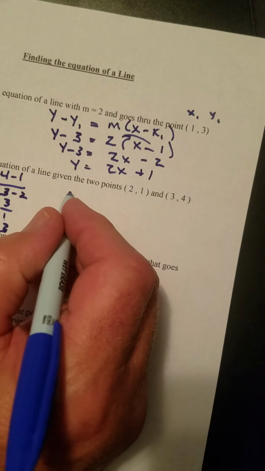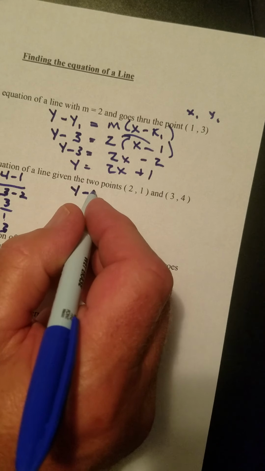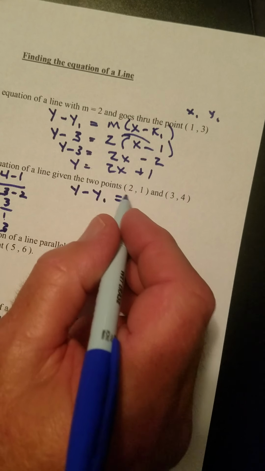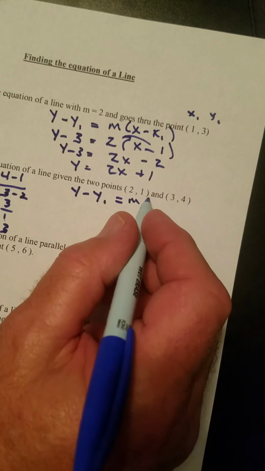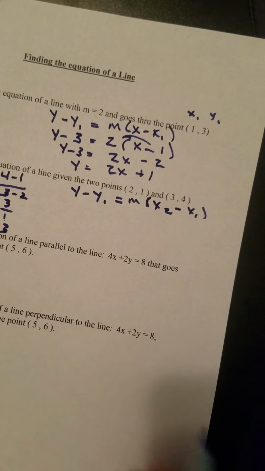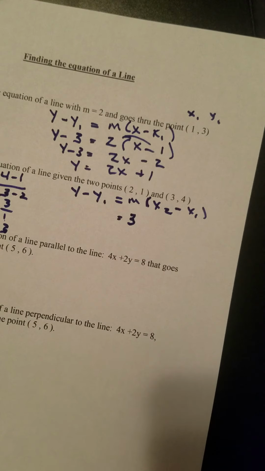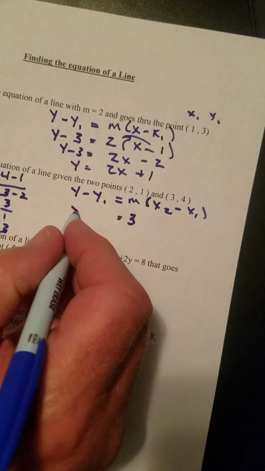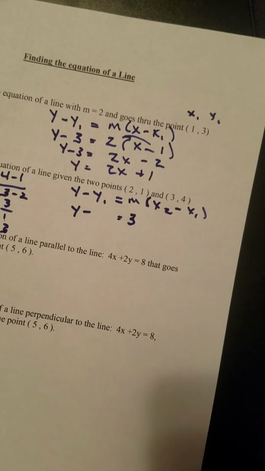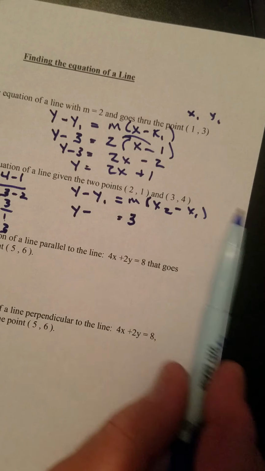Okay, now we're ready to get going. y minus y1 equals m times x minus x1. Three is going to go there. I'm going to have y minus, now what am I going to put there? You've really got a choice.